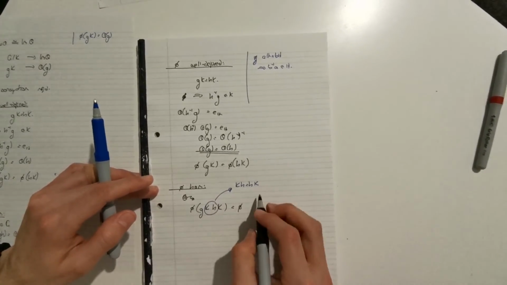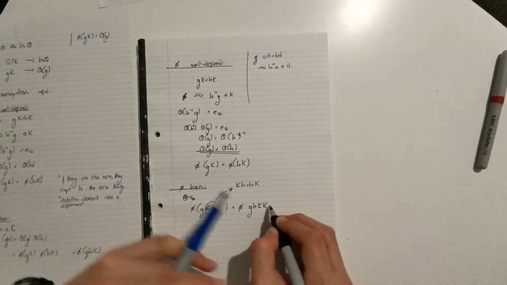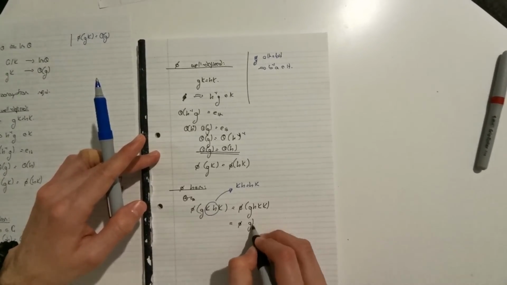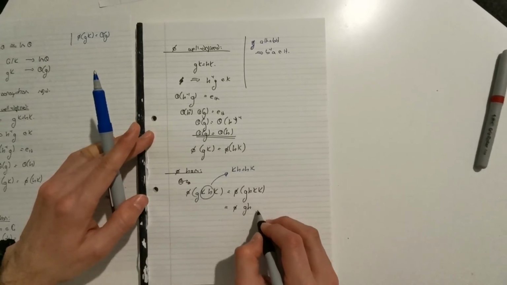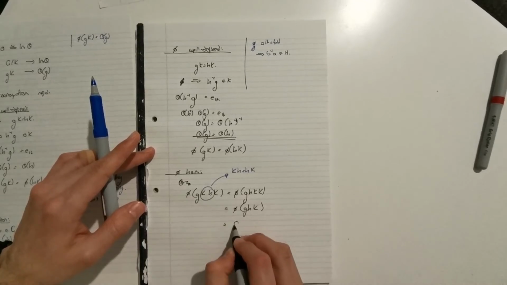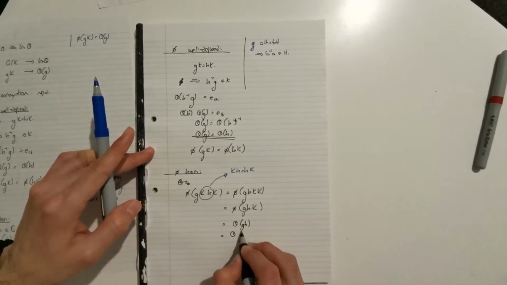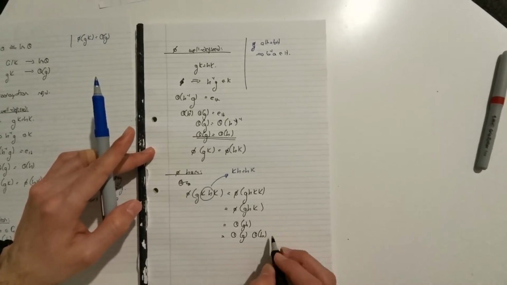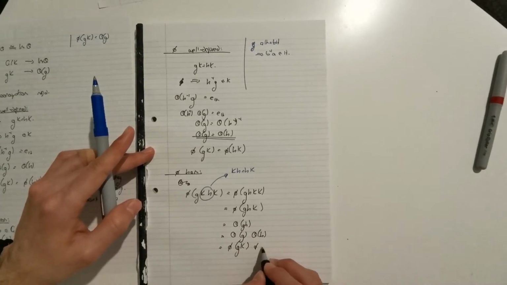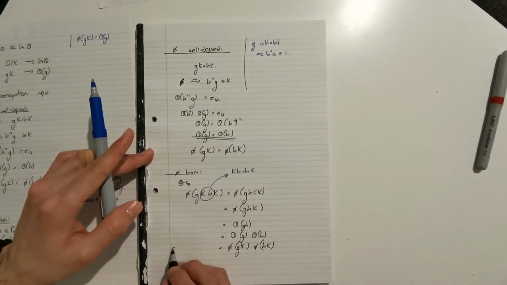Therefore this could be written as ghKK, which we could just write as a single K. In fact, I don't even know if this is correct. Yes, and this is equal to, by definition, theta gh, and because theta is a homomorphism, we have theta g theta h, and this is equal to phi gK phi hK. Hence we have shown that phi is a homomorphism.